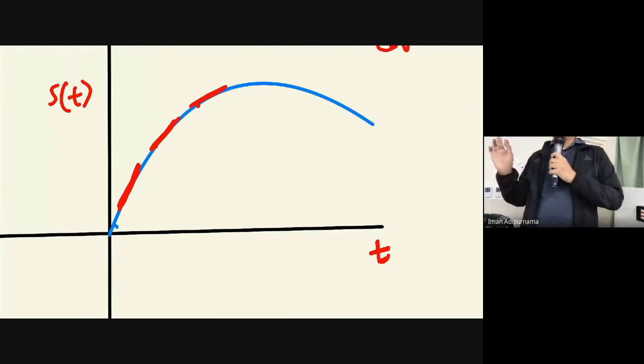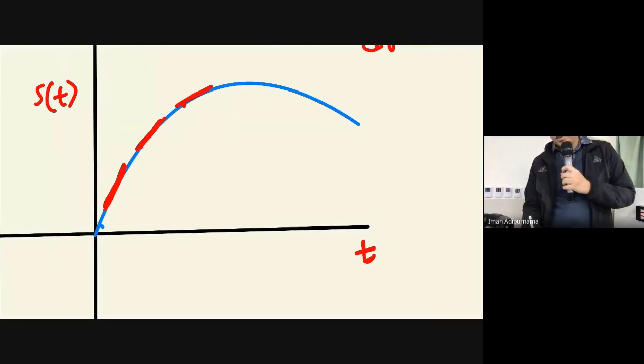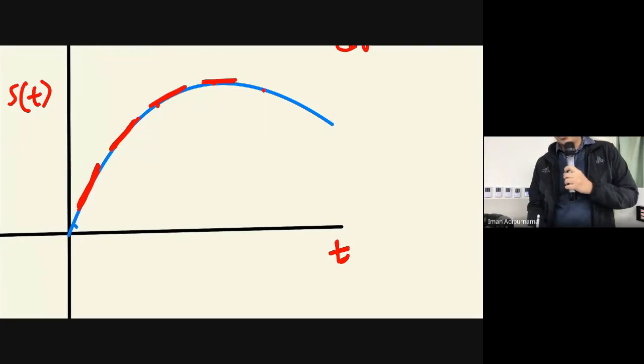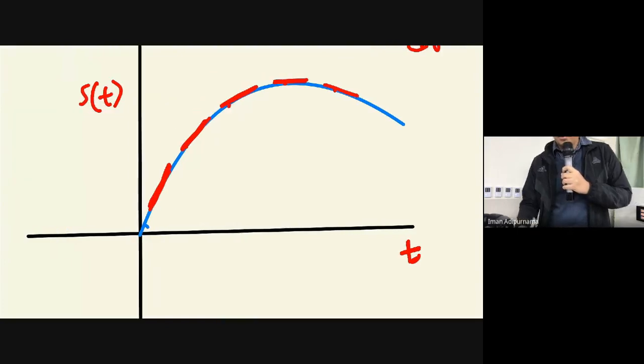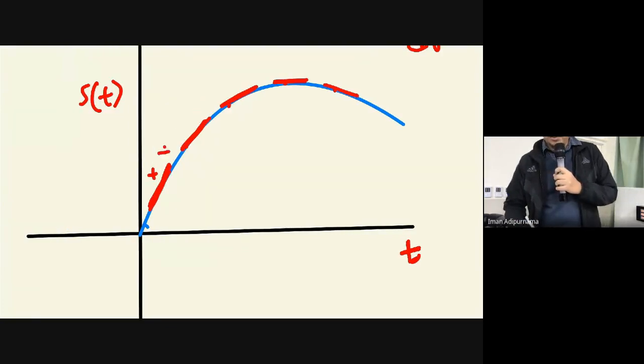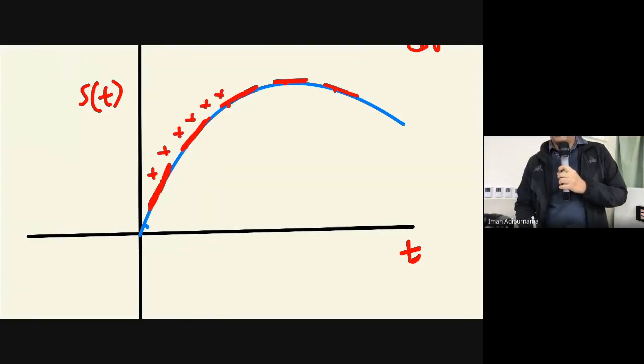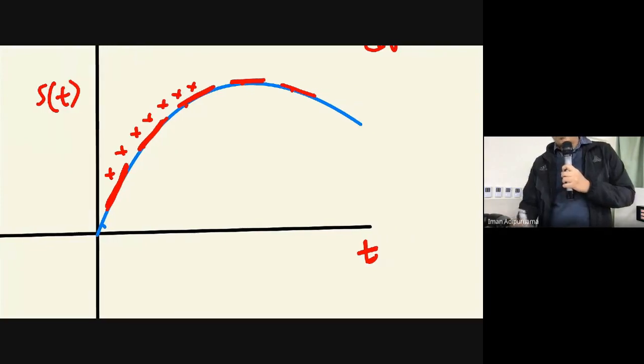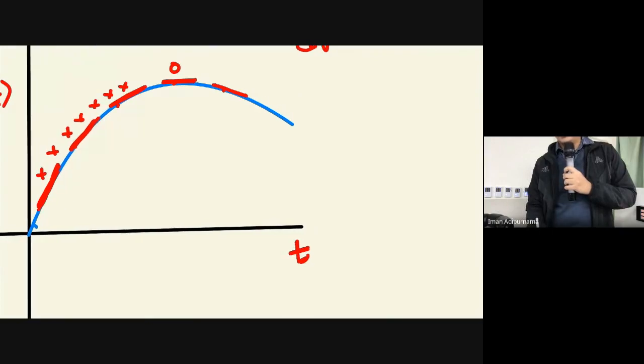At some point, maybe here, it's horizontal. Before that the gradient is still positive, and maybe around here it is 0. But after that, it's going negative. You get the idea?